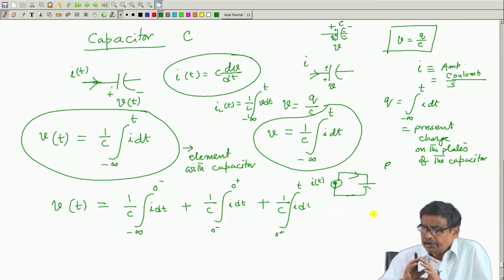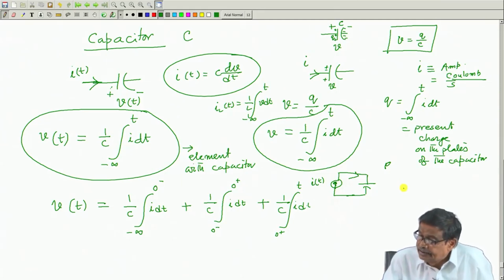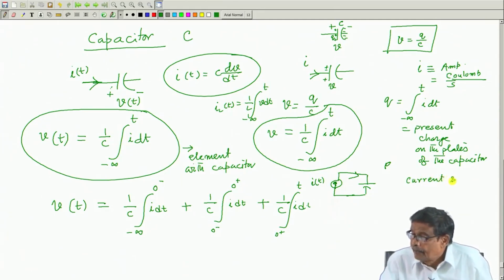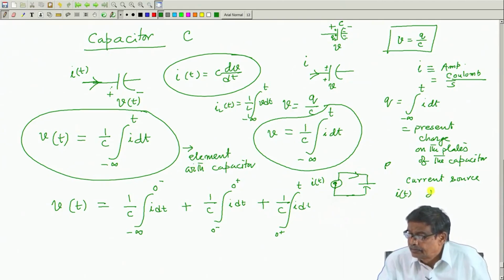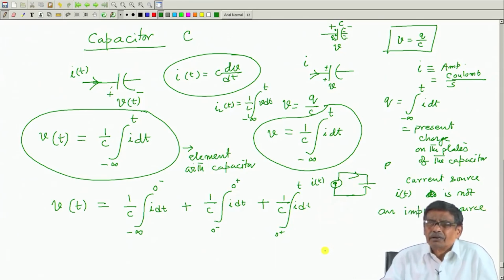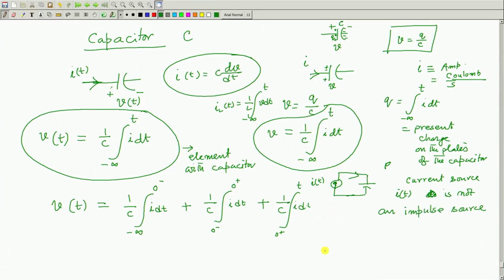It does not include an impulse. I t current source is not an impulse source. It is a reasonable function, maybe triangular, maybe sinusoidal, what not.